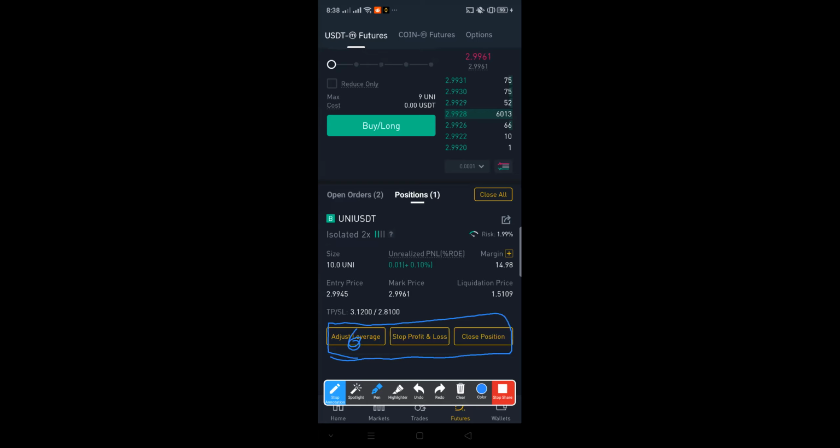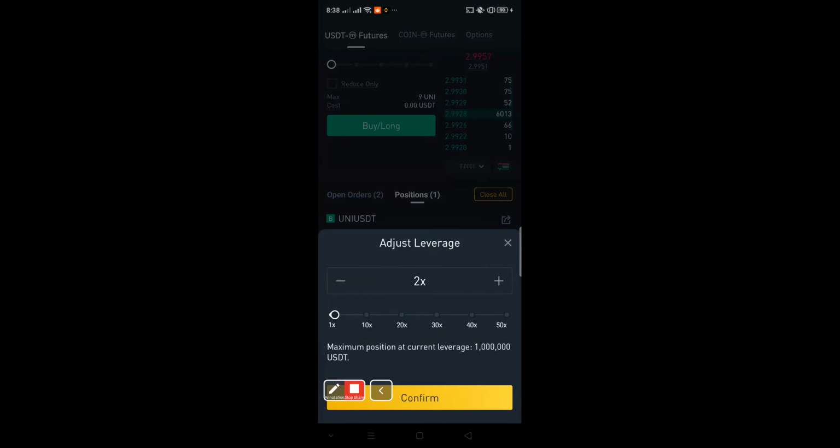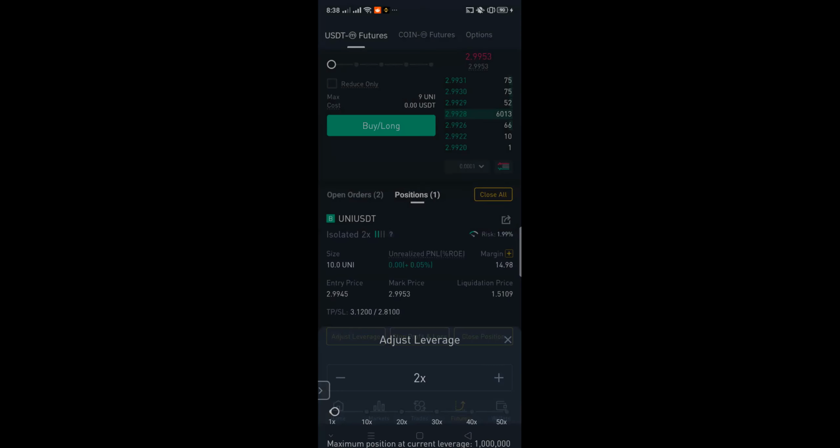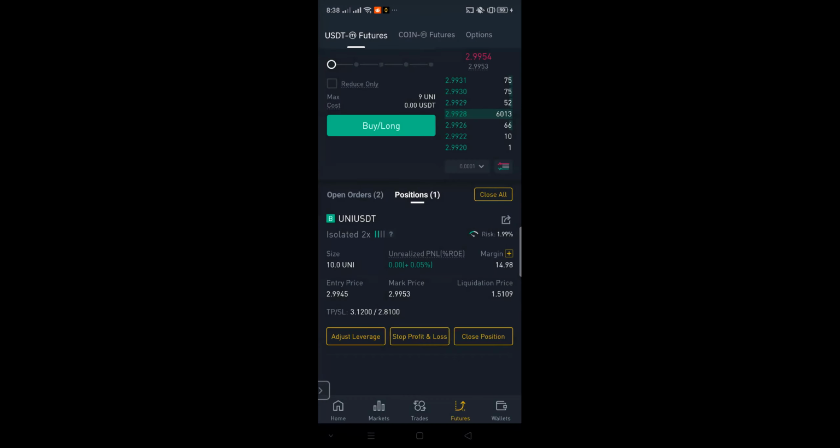The first one is adjust leverage. The second one is stop loss and stop profits and loss. Then the last one is close position. So if you want to change your leverage, you click on adjust leverage, you reduce and you confirm. You will be charged for that. Note that.